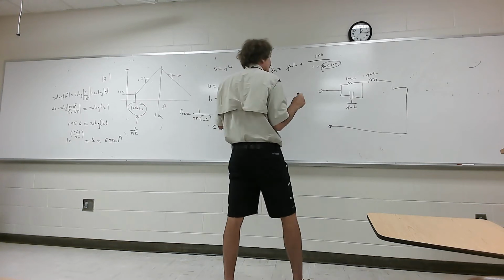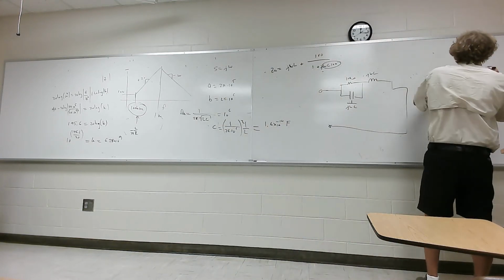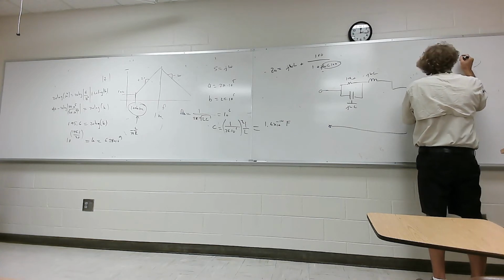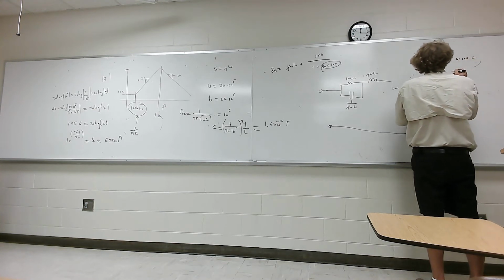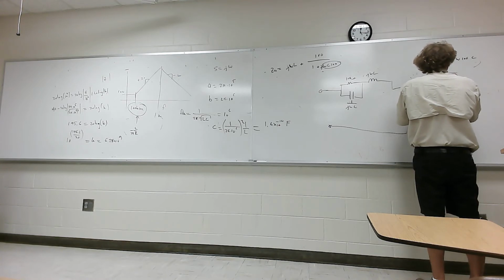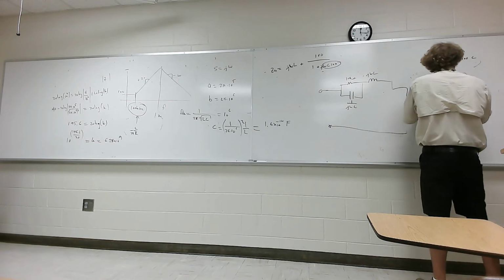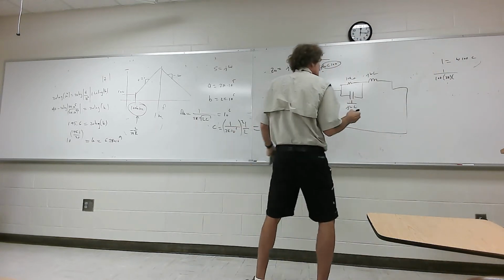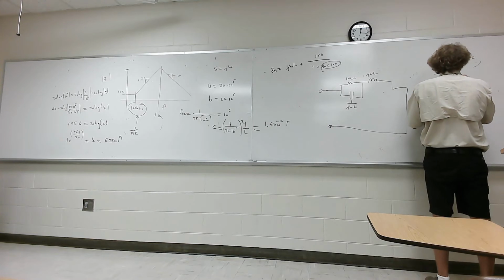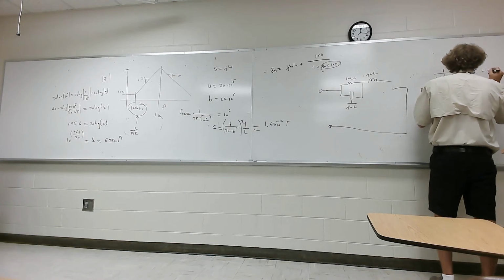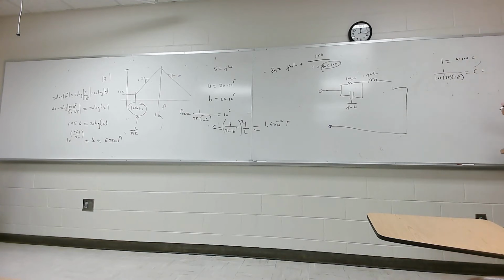So if I said 1 is equal to omega times RC, or 100 times C right here, and I want the value for C, it's going to be 1 over 100, omega is 2 pi, and when that turns on is 100 kilohertz, so it's times 10 to the 5th. What do you get for this value of C here? Doesn't look bad.